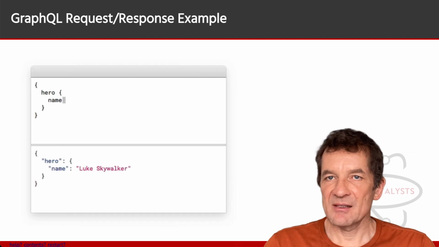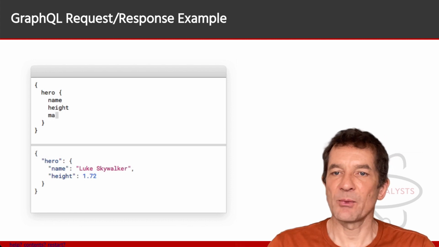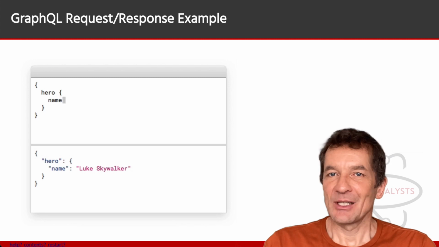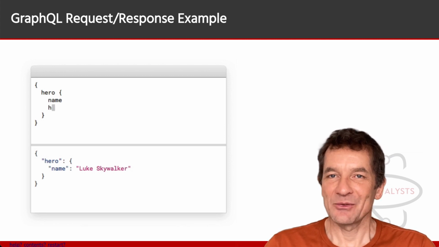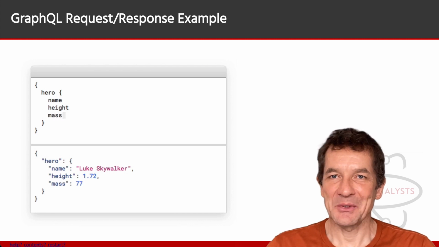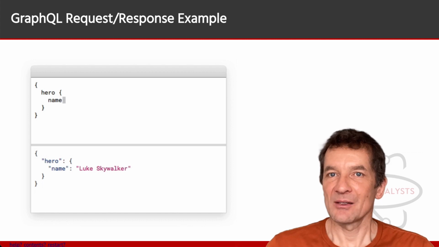Here's a very simple example of how that looks. If you look at the top half of this window, what you will see is what a request looks like. This is a cute little interactive graphic that has actually been created by the GraphQL Foundation. And if you look at the bottom half of the window, you will see what the response looks like.